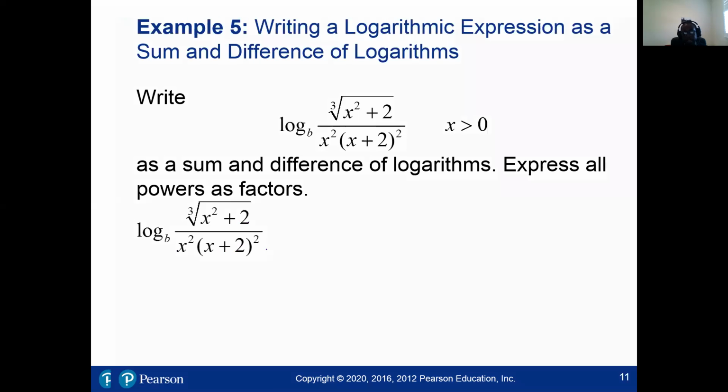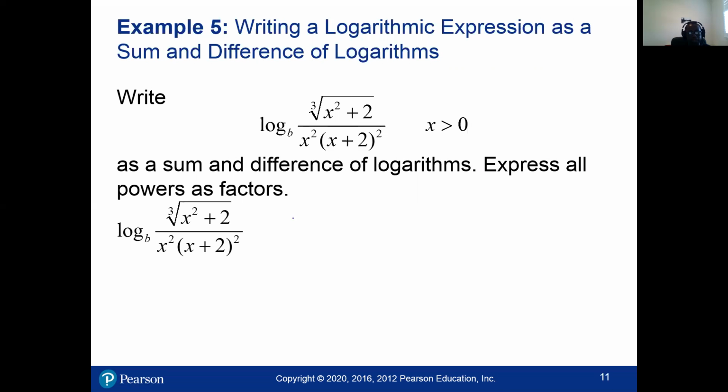Now there are a couple of things that we can do. First, I can write the cube root also as an exponent, x squared plus 2 all raised to 1/3. So let's write that first.